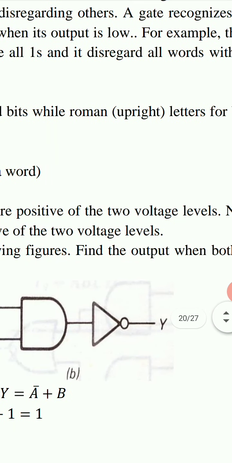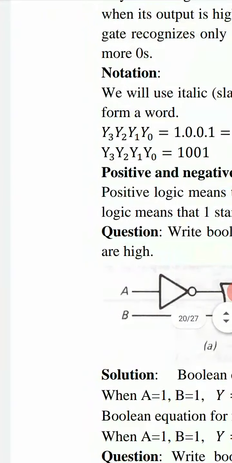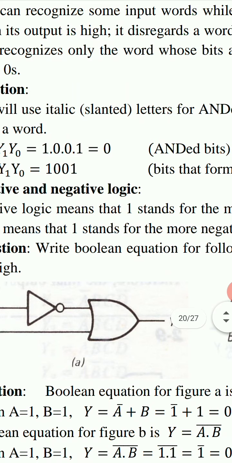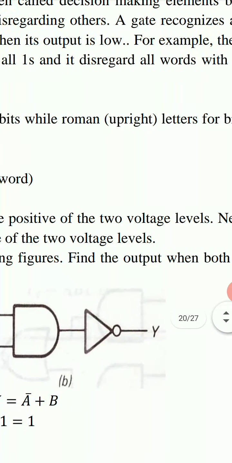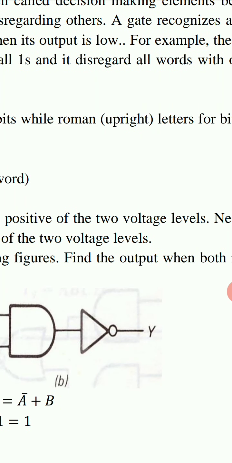And it disregards all words with one or more zeros. If one or more inputs are 0, then the output is 0, and we say that it disregards all these words having one or more 0.